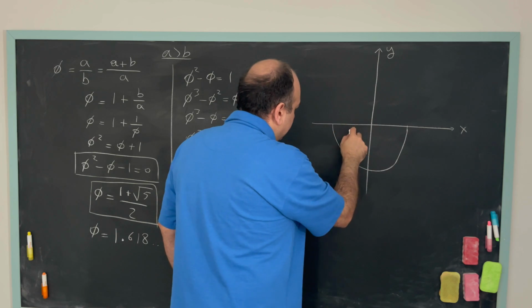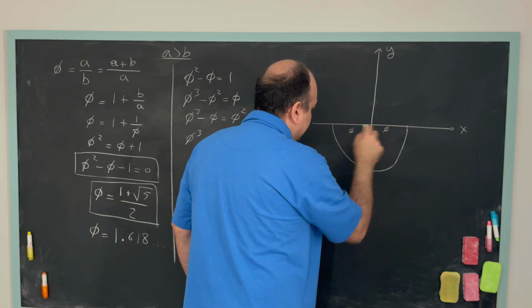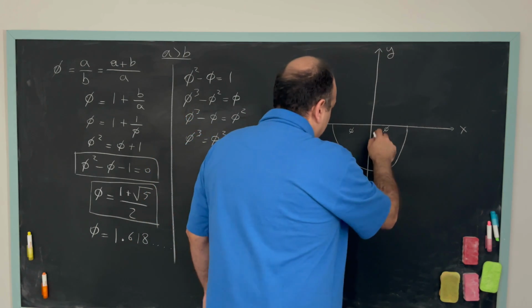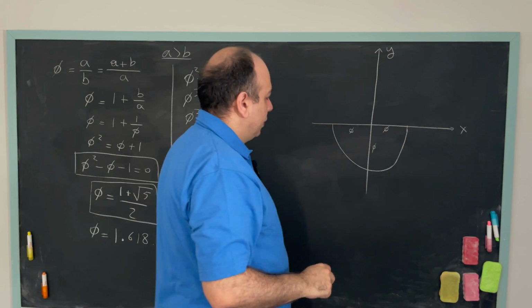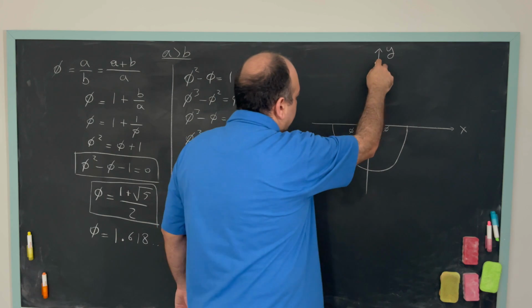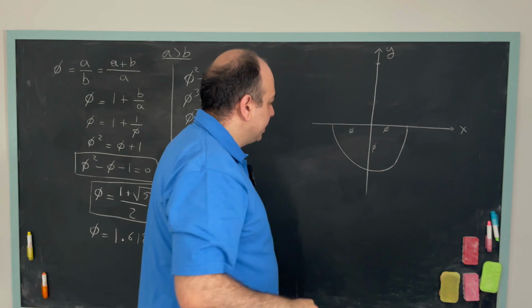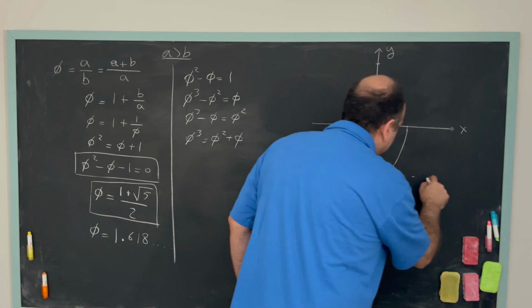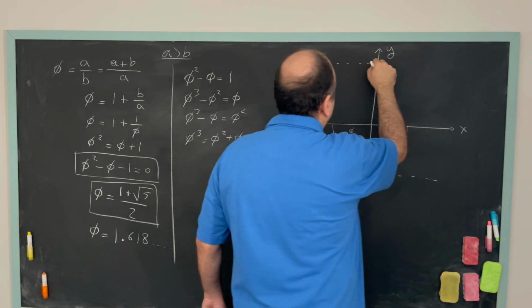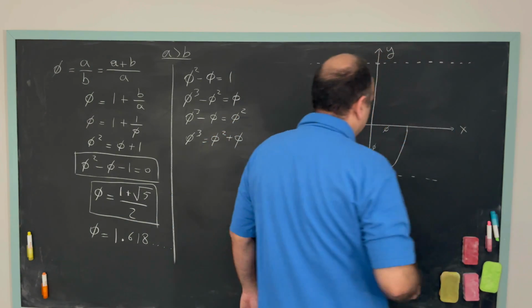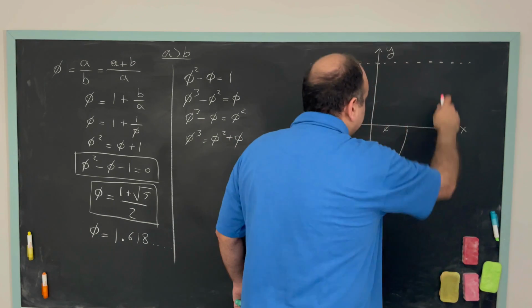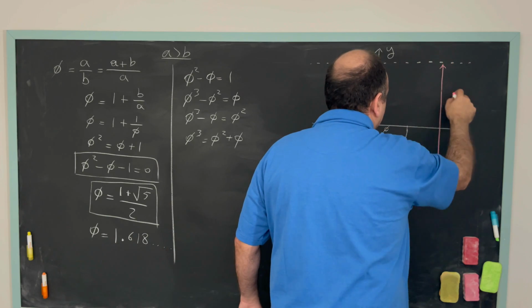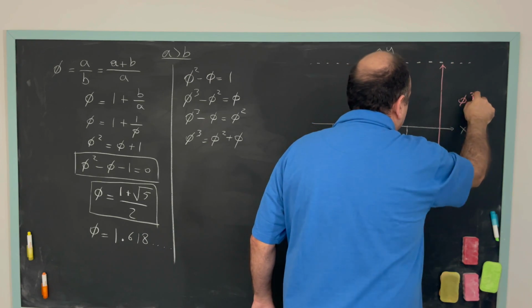And the radius of this semicircle would be just phi. Okay? And this is also phi. The topmost point and the bottommost point, these are two points that are of importance to us. So we require that this distance would be equal to phi cubed.